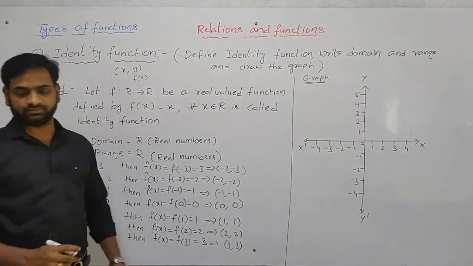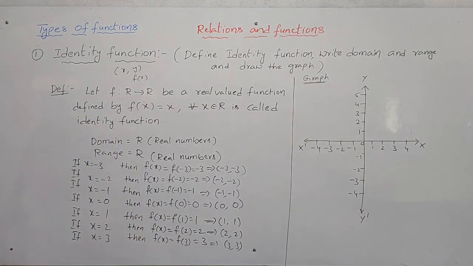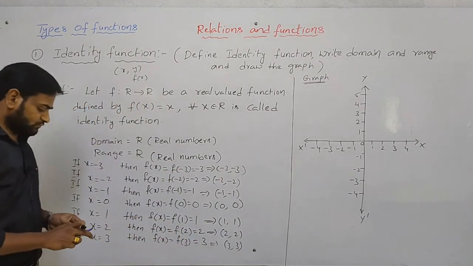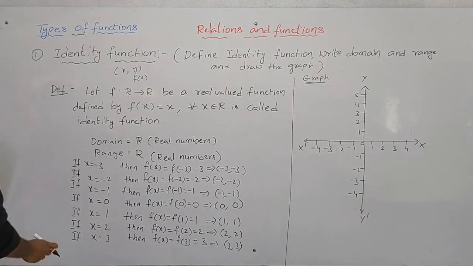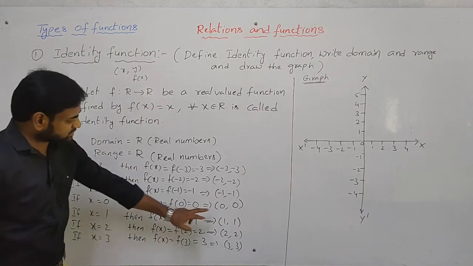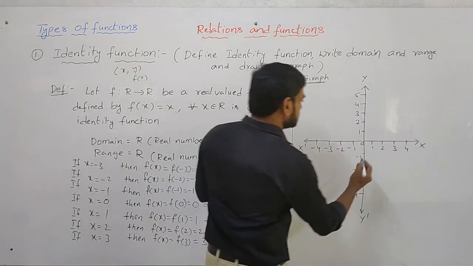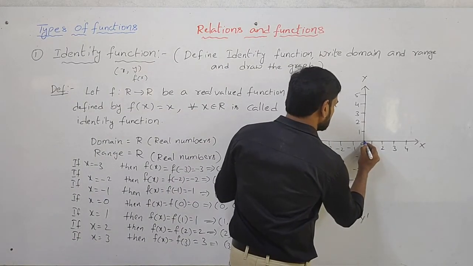Now see the graph. Here, the first point is 0, 0. This is the 0, 0.